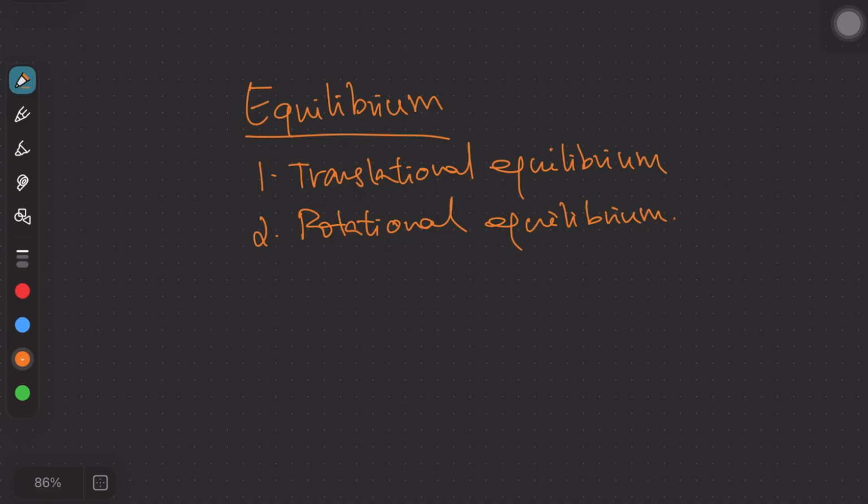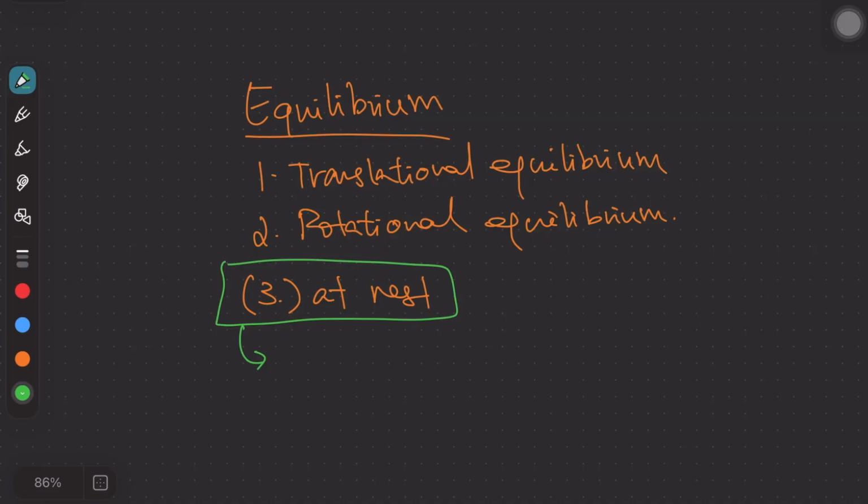So these are the two conditions that it needs to satisfy for the body to be in equilibrium. Then we also have a third optional property, which is that the body is at rest. If it's at rest, then we call it static equilibrium.